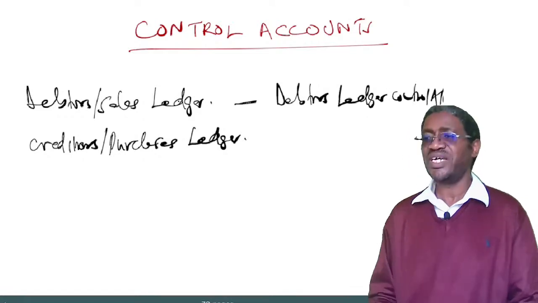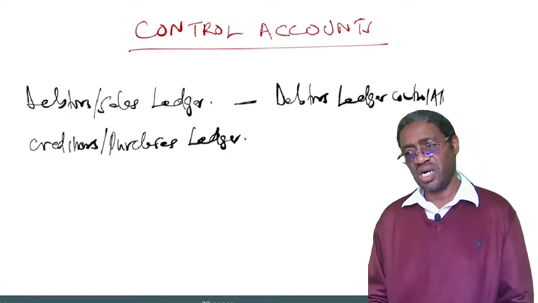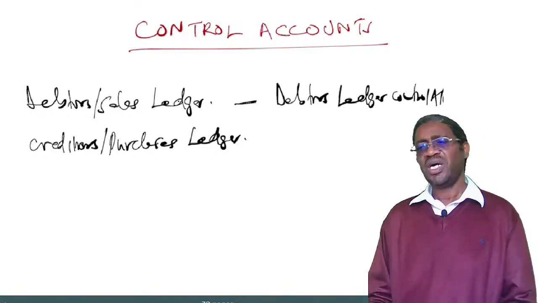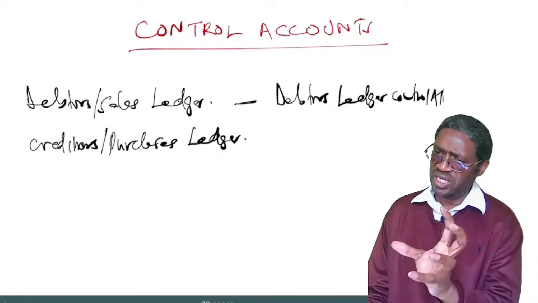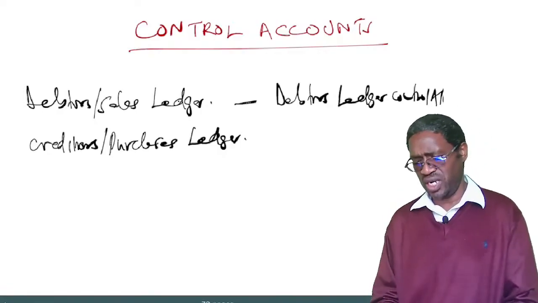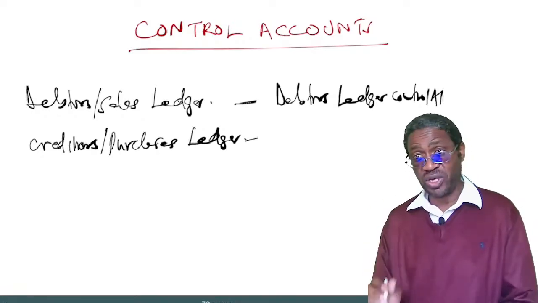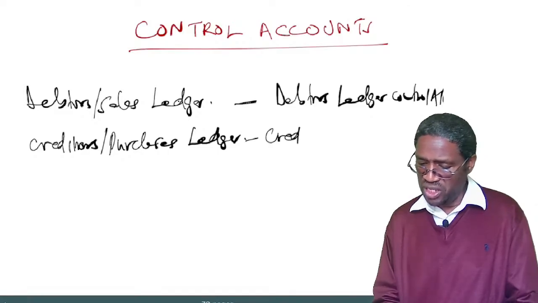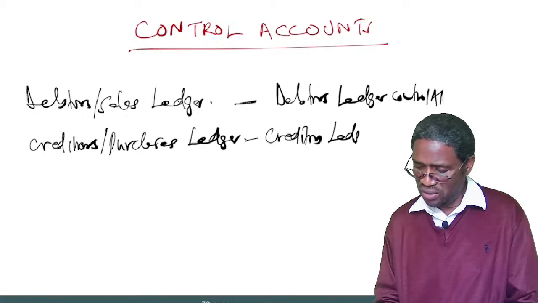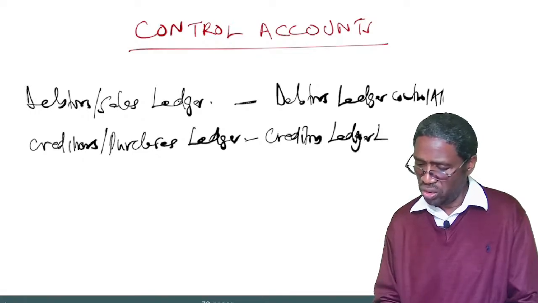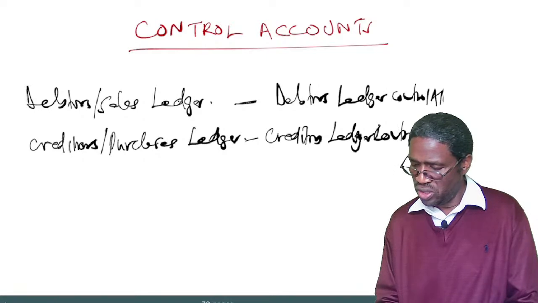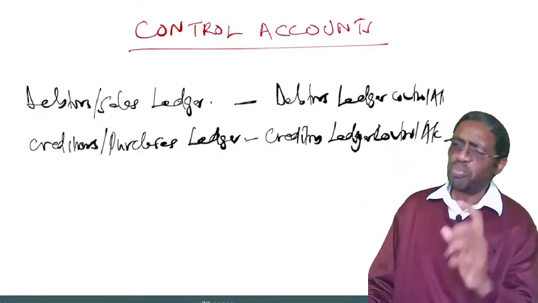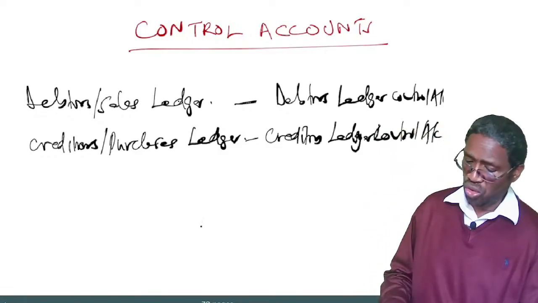That is the debtors ledger control account. For the ledger called the creditors ledger, for you to know whether everything is done there right or wrong, you prepare a control account we normally call the creditors ledger control account. Good. So we want to look at now, how do you prepare these control accounts?